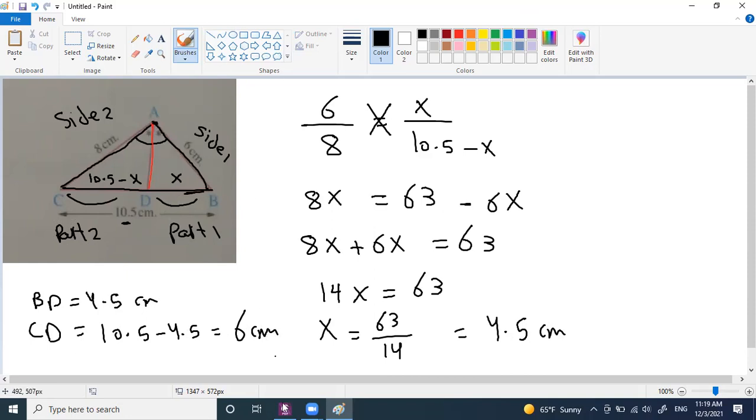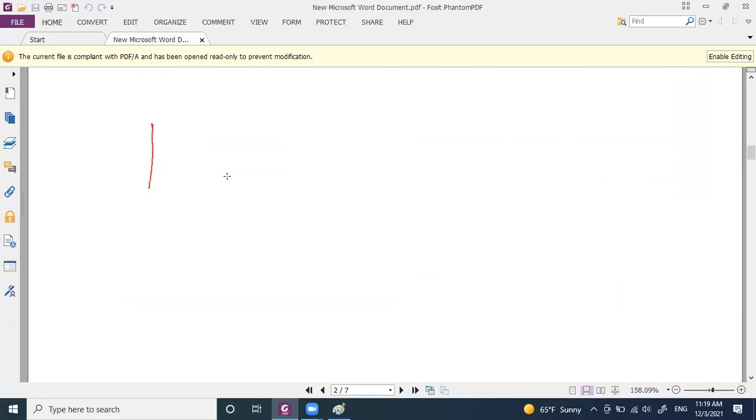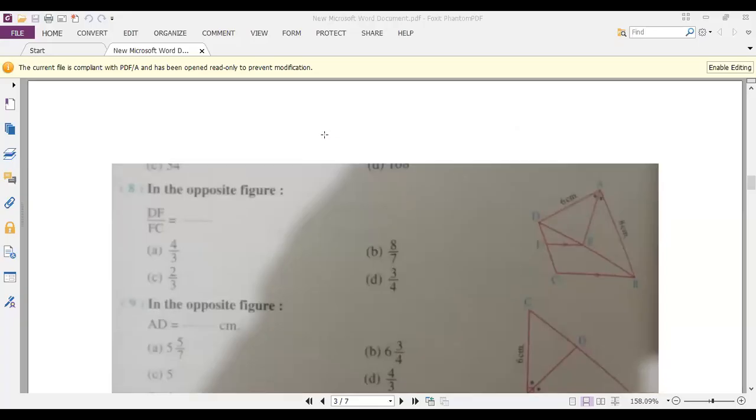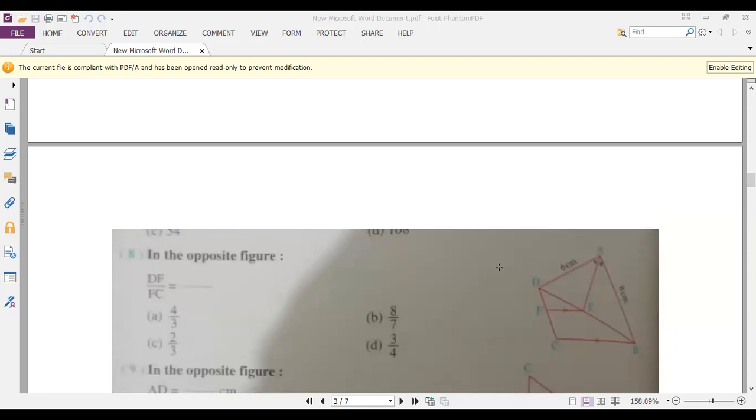Let's take another one. This one, as you see here, I have a triangle and I have an angle bisector.